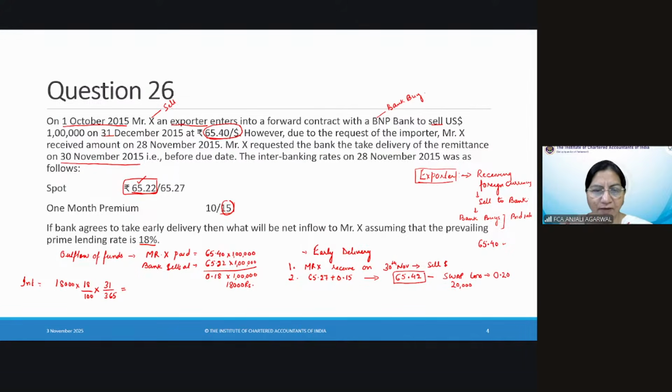So whatever this interest will come out, it has to be paid by the customer. 18,000 into 18%. So the interest portion is 275.17. So we'll round it off to 275 rupees. So how much will the customer pay extra to the bank? 20,000 swap loss plus 275 as interest. Okay. Right?